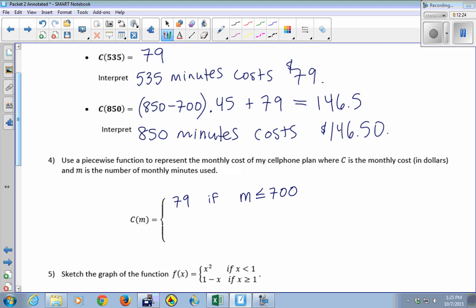But what is the formula? How do we figure it out? Yep. Look at what we did up here for 850 minutes, but instead of an 850, just use a generic M. So you're going to take 0.45 times M minus 700 and add on the $79 base fee.